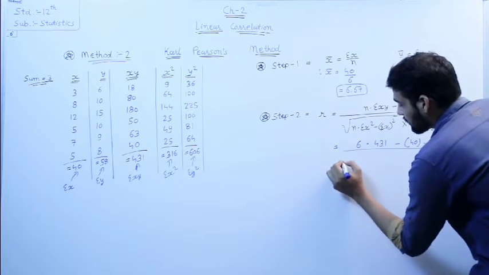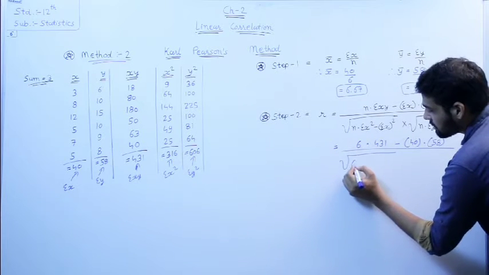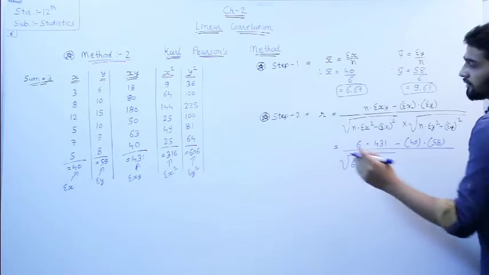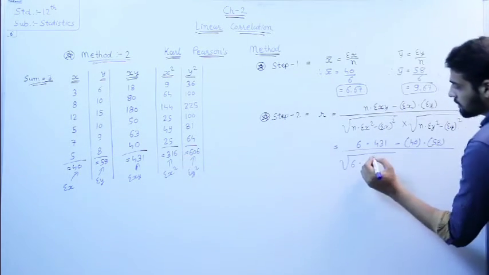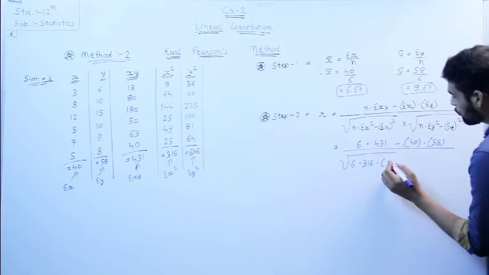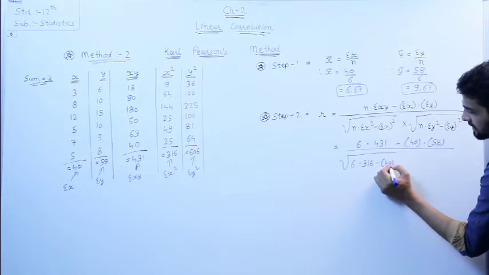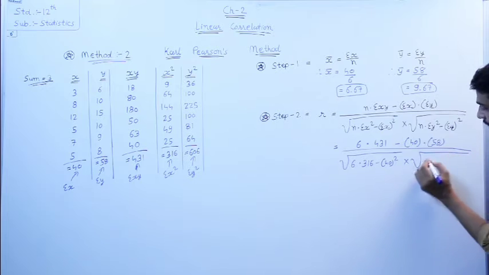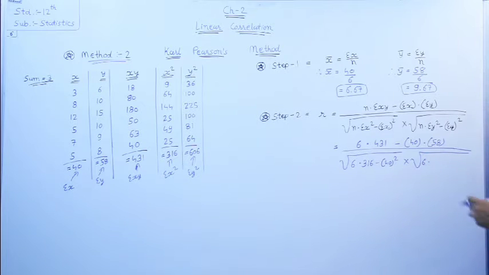Then under root, n's value is 6 into sigma x square, which is 316, minus sigma x whole square, that means 40 whole square, multiplied by under root, again n's value is 6, sigma y square value is 6 into 606, minus what is our sigma y value?